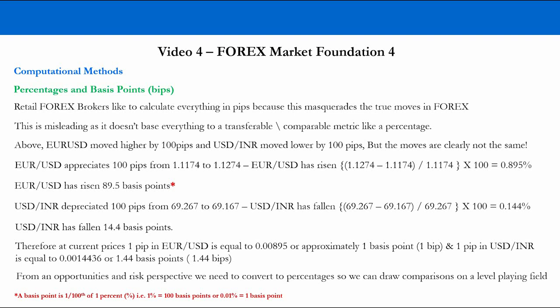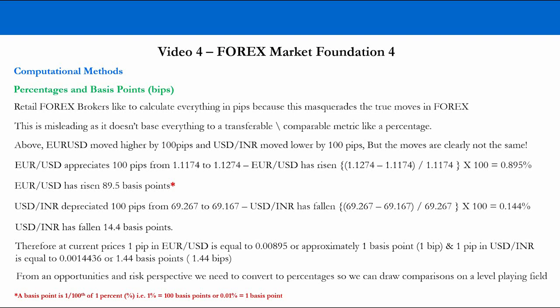If the euro dollar appreciates 100 pips in the example above, that is actually equivalent to 0.895%. So if we work it out in percentage terms, we take 1.1274 minus 1.1174, divided by 1.1174, and then multiply by 100, and we get the percentage move in the currency pair.